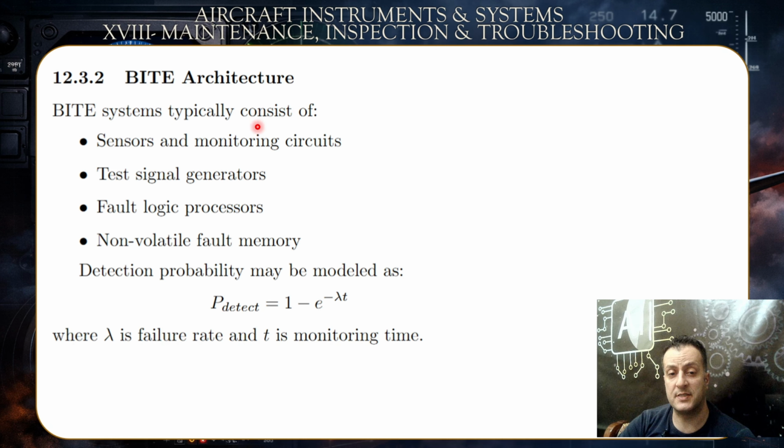BITE architecture. BITE systems typically consist of sensors and monitoring circuits, test signal generators that generate test signals in order to test the different faculties of the aircraft, and non-volatile fault memory, which is a stable memory that would store permanently at times the faults that are being generated and reported by the computer system.